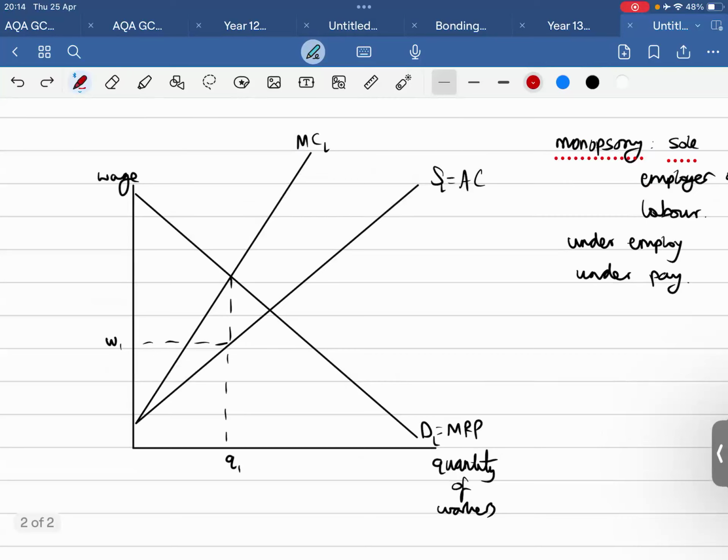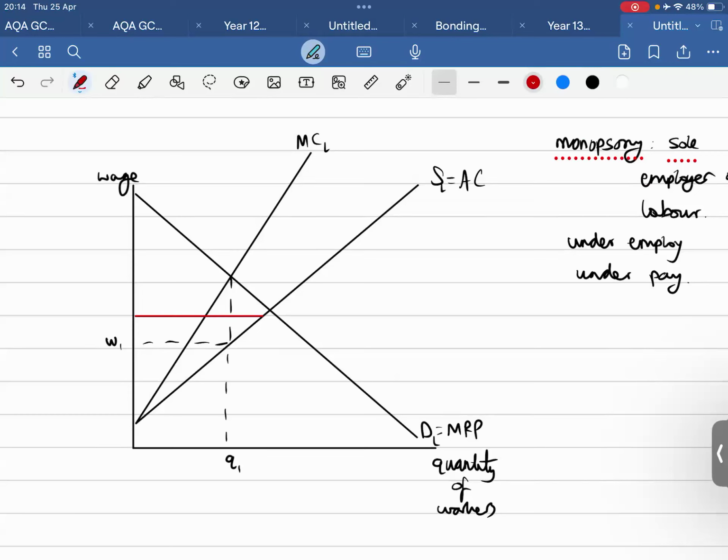So I could set my minimum wage, say, here. I could do that anywhere as long as it's up to here. It could even be here. So just to illustrate, I'm going to pick just somewhere over here.